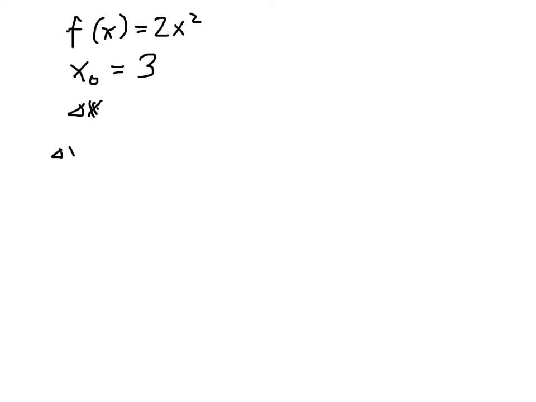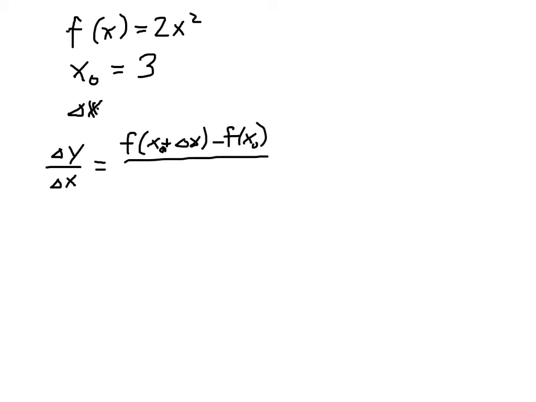The average velocity will be given by what's called the difference quotient, delta y over delta x, which is f of x naught plus delta x minus f of x naught over delta x. Or in this case, since x naught is 3, this will be f of 3 plus delta x minus f of 3 over delta x.